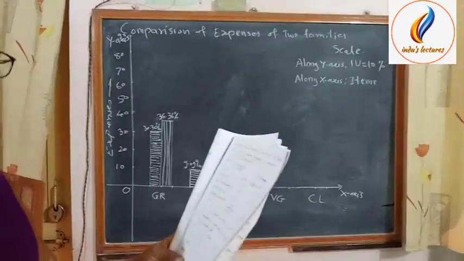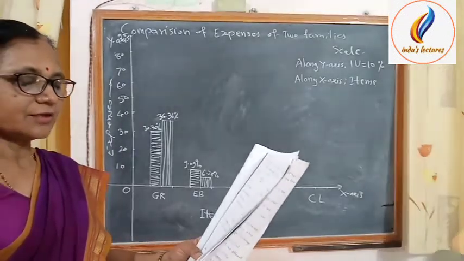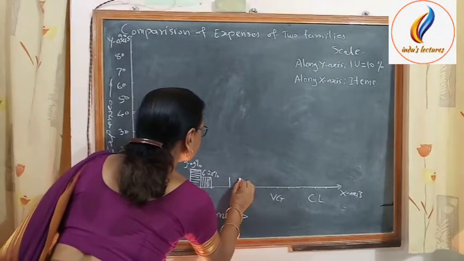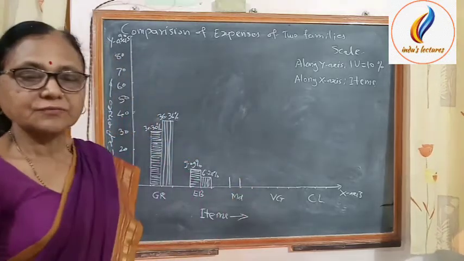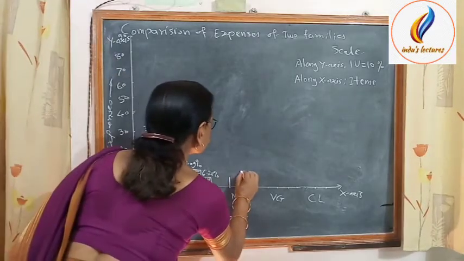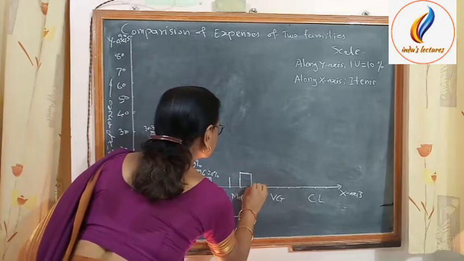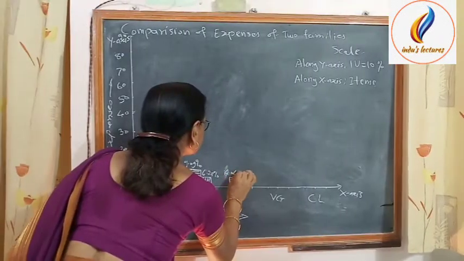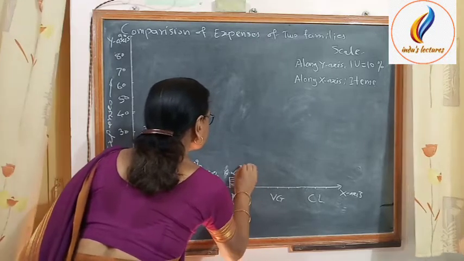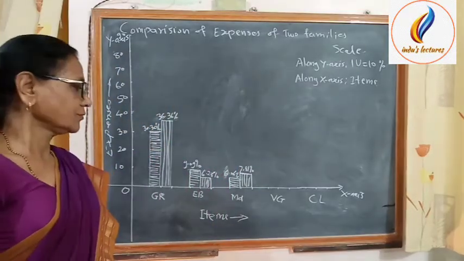Now for medicine, for the first family the percentage is 6.06, and for the second family 7.81. So here 6.06% for the first family, and for the second family 7.81%. Now consider the item vegetables.